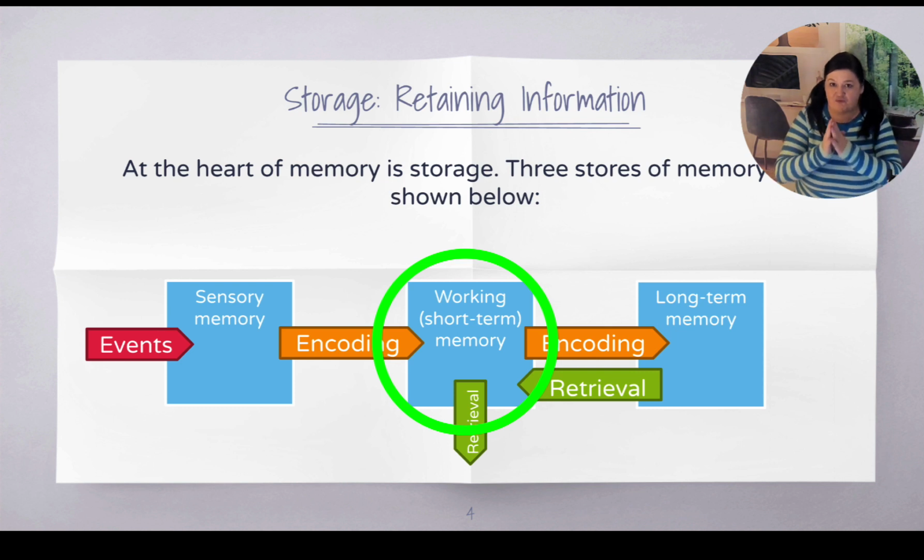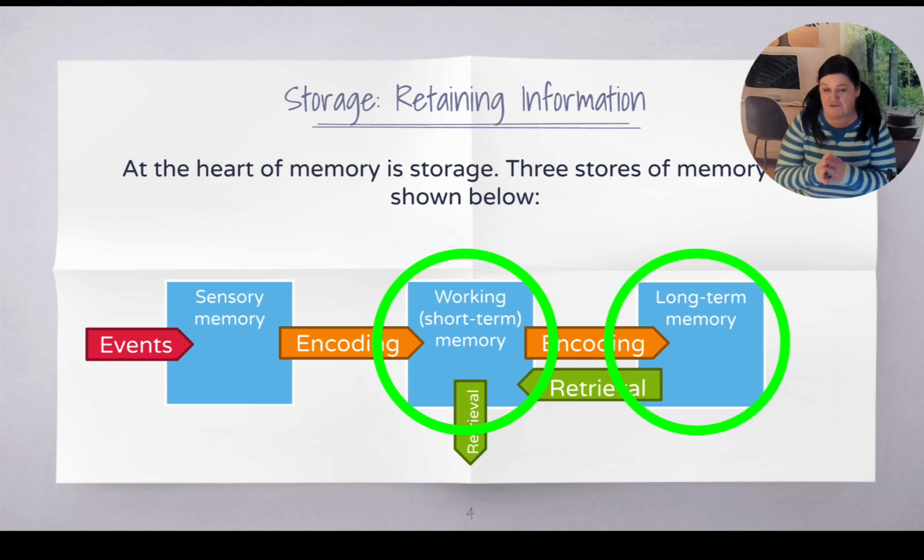That's where we're bringing stuff back out from long-term memory, or putting things in there from the sensory, and everything's being processed and melded together. This is our conscious thoughts. And then finally, our third type, which is our long-term memory. That's back here.